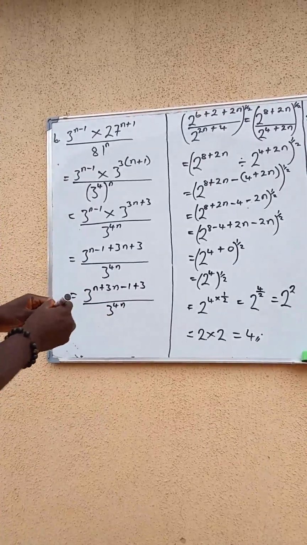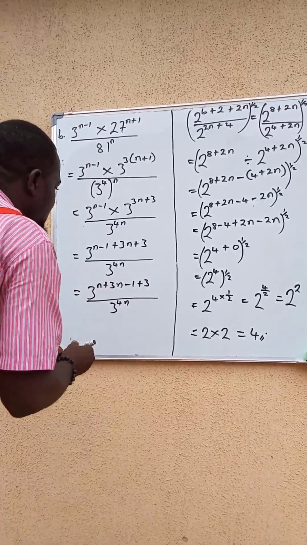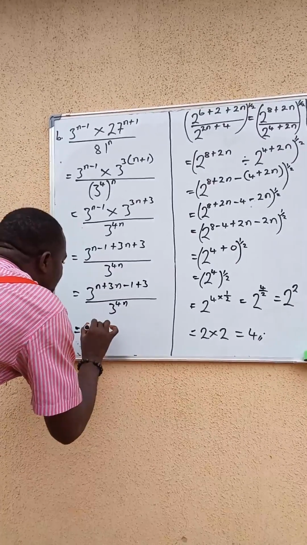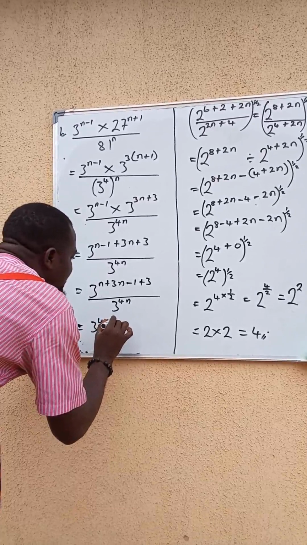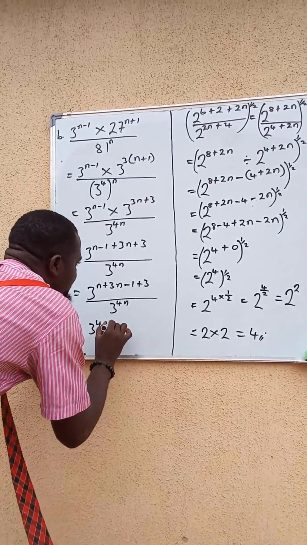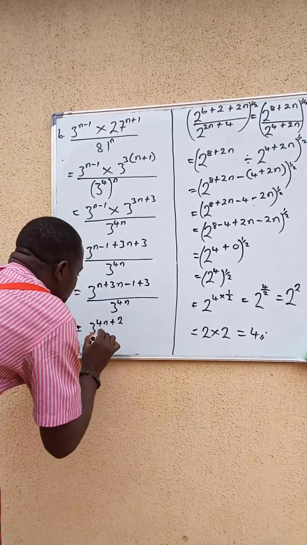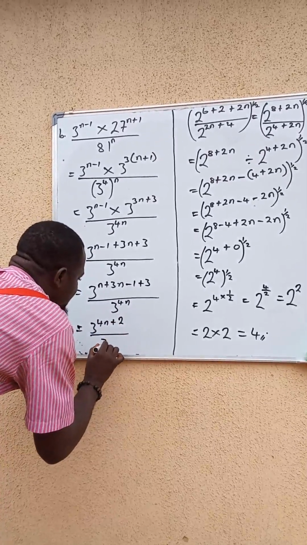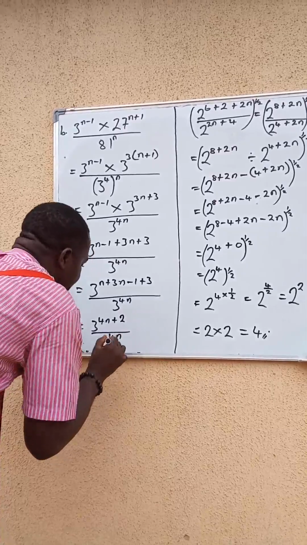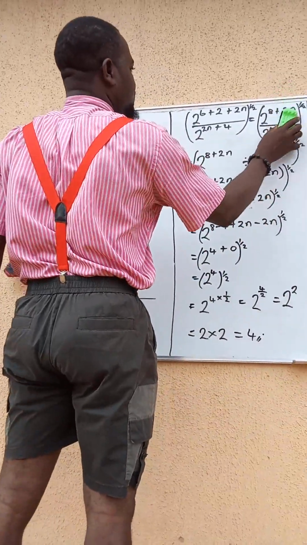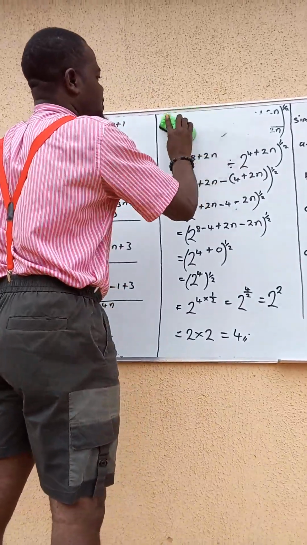Now if you look at this very well, something has to be done there, which is the same thing as 3 raised to the power of 4n, minus 1 plus 3, which is plus 2, over 3 raised to the power of 4n. Good.